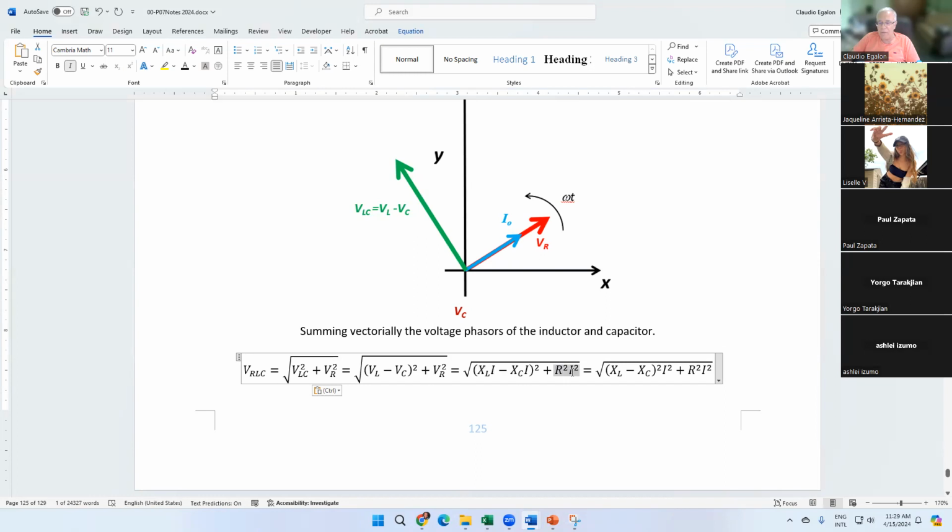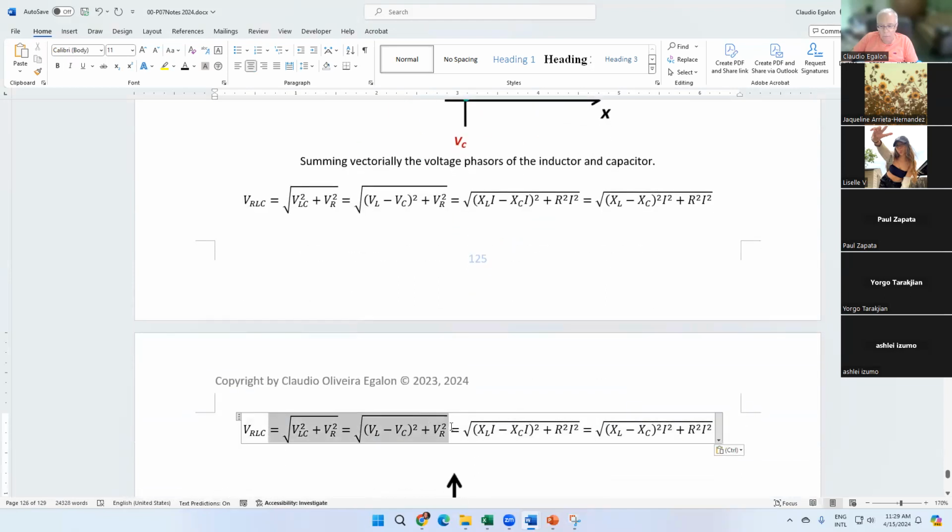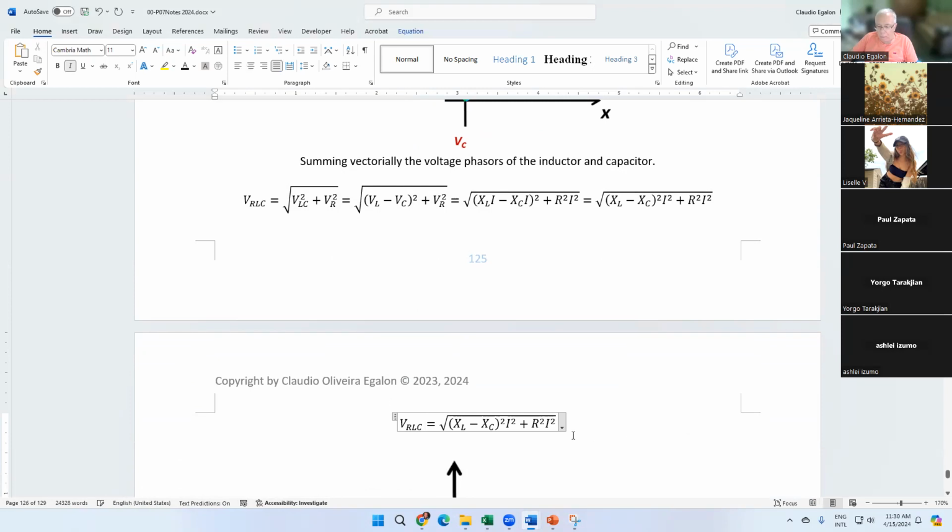And the resistance times I. Okay, we go ahead and what do we do next? We take the current outside this square root.